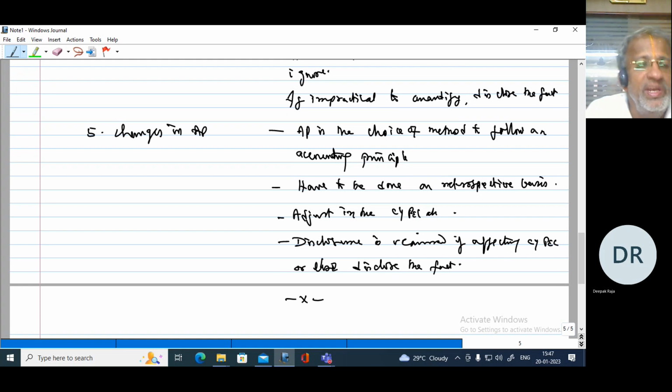Next item is restructuring of the activities of an enterprise and the reversal of any provisions for the cost of restructuring. Restructuring in the sense the company might feel that the existing production operations are not on the expected lines, efficiency levels are on the lower side. They would like to introduce just-in-time policy.